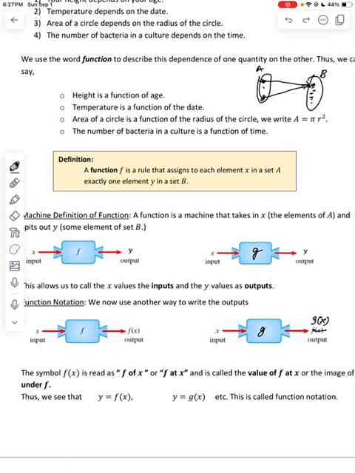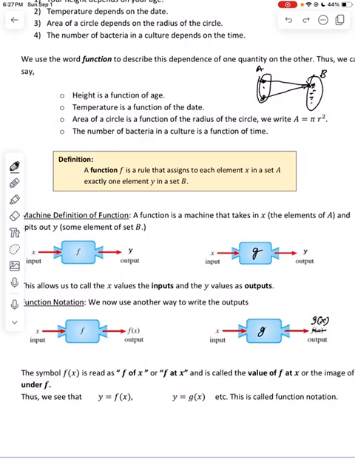This is another way of looking at a function. The y's are called the outputs. Now note this machine: X is the input and Y is the output, so one machine is giving me that.